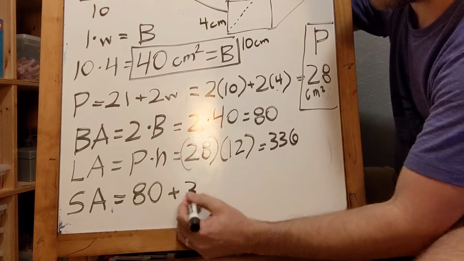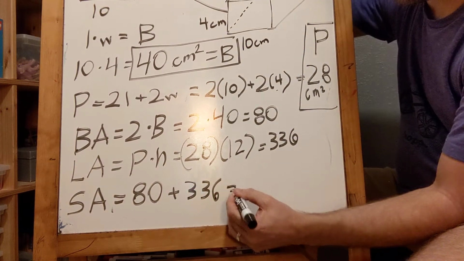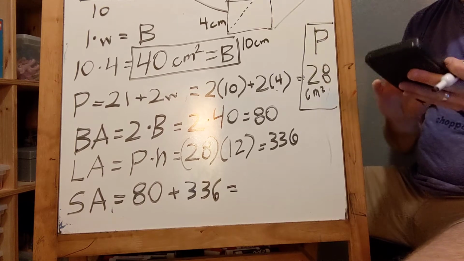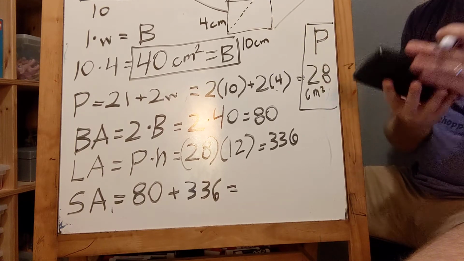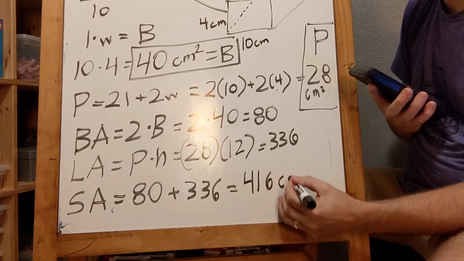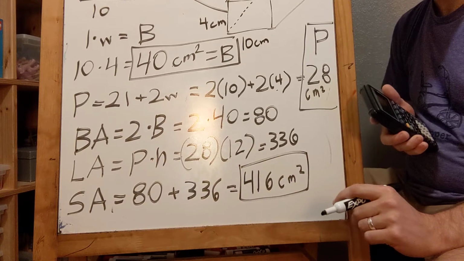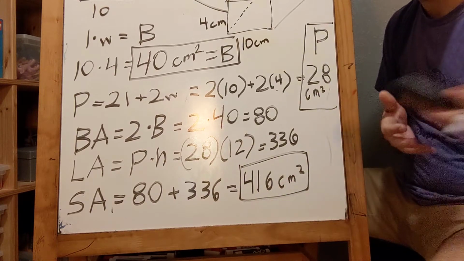And so that's this, 336. Surface area equals 80 plus 336, which is 416 centimeters squared. So that's the value for the surface area.